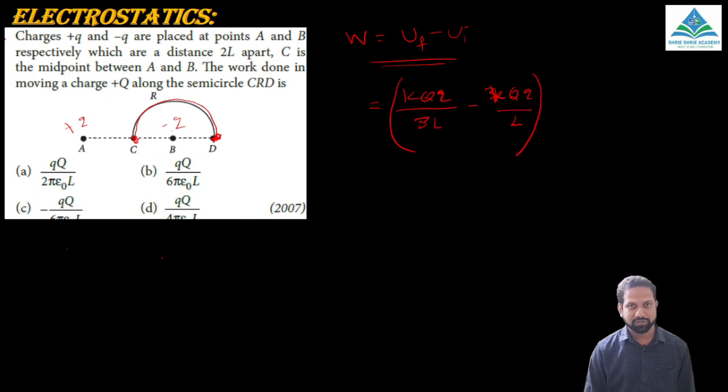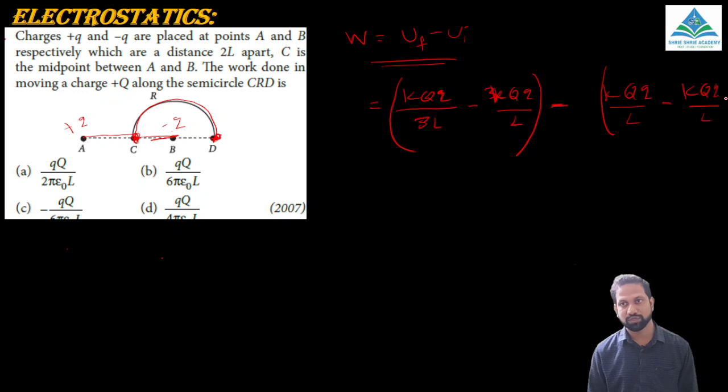Initially, when the charge is at the C location, the initial potential energy is K capital Q small q by L, because from A to C the distance is L and C to B is also the same distance, minus K capital Q small q by L. These two cancel each other.